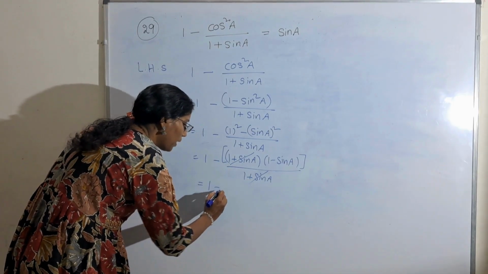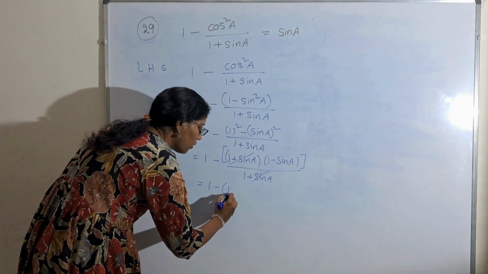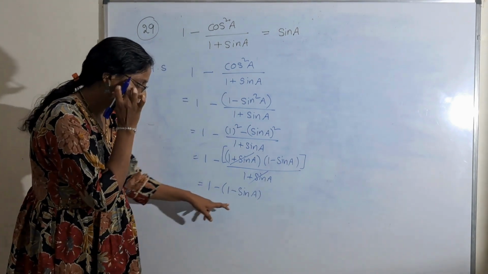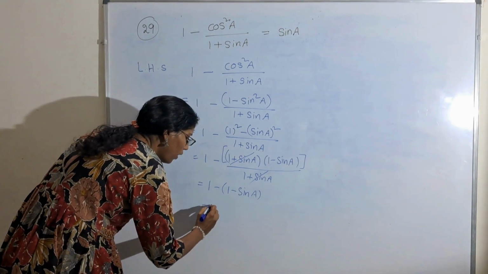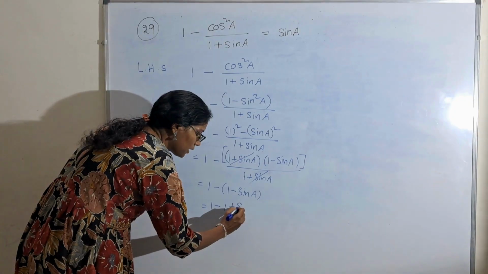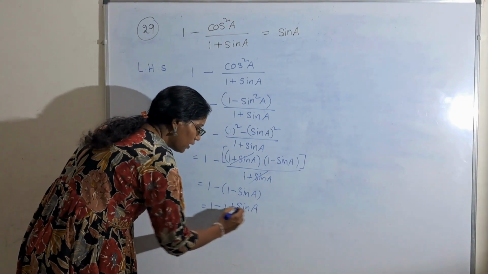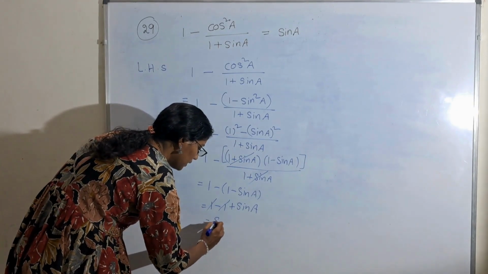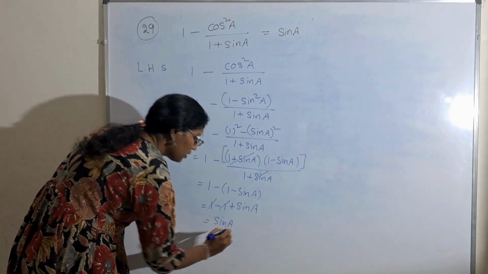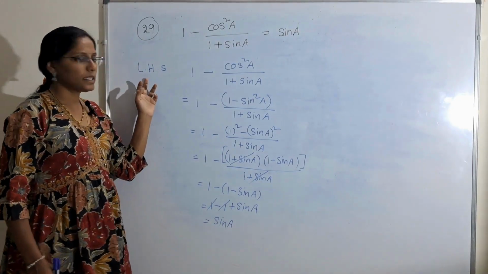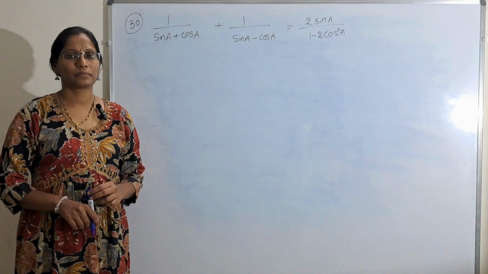Remaining 1 minus of this bracket, 1 minus sin A. This bracket is multiplied with minus: 1 minus 1 minus into minus, plus sin A. Here minus 1 plus 1 cancel. Remaining sin A. This is our RHS. Therefore, LHS is equal to RHS.